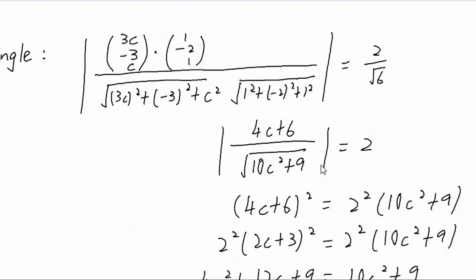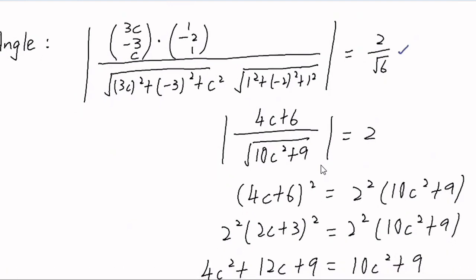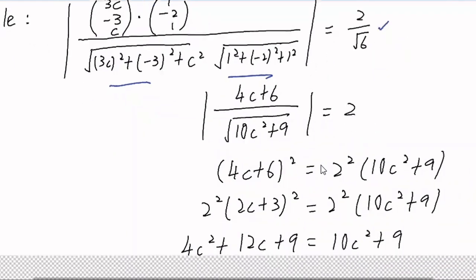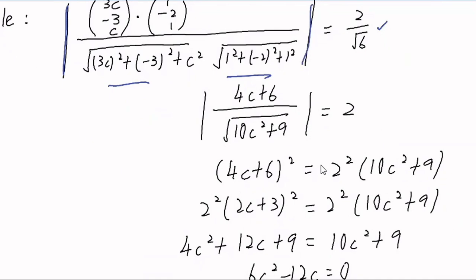This will give us the value of sine theta, so we can use the 2 over 6 straight away. It's not something different from what we usually do. It is the dot product divided by the magnitude of each of the two vectors. The first one is the direction of the line, the second one is the normal to the plane. Remember again we put the modulus for that.